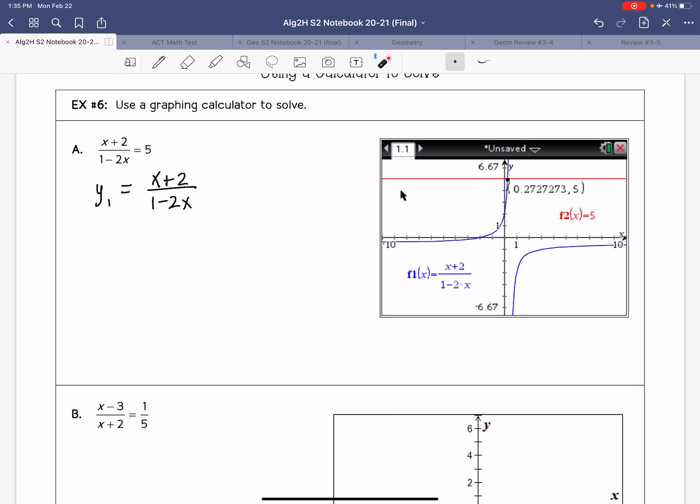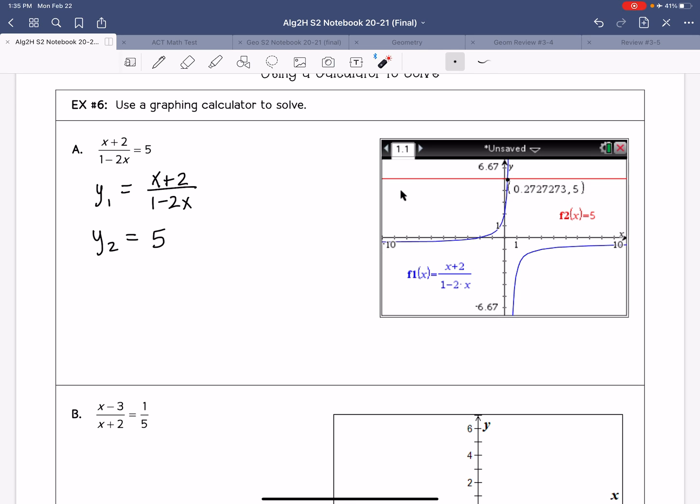Okay, and then we want to know when it equals 5. So in y2, we would just plug in 5. And that gave me this horizontal line, y equals 5. To see where these two are equal, we're looking for this intersection right here, which it's already figured out for us.